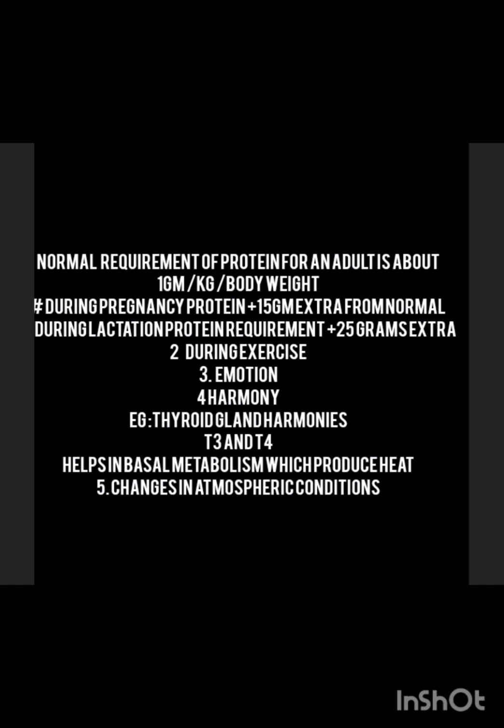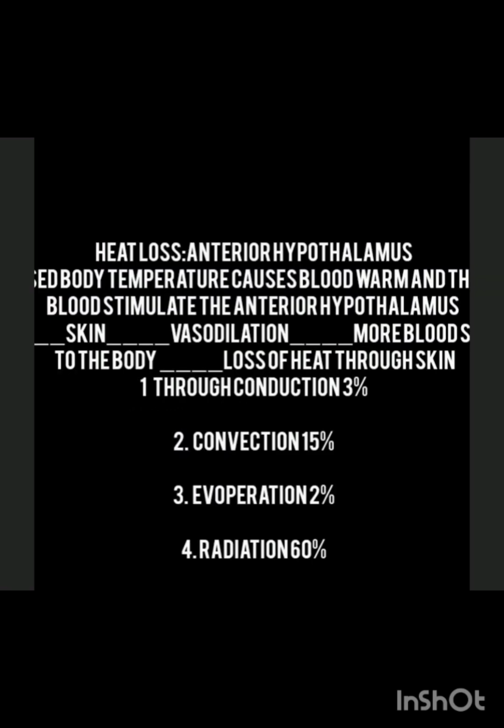And if we are emotionally imbalanced, anger, short temper also produce heat. And coming to the heat loss, it is controlled by the anterior hypothalamus. Anterior hypothalamus is the one which controls the heat loss, and posterior controls the heat production.